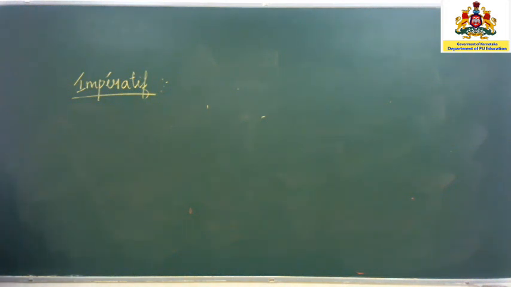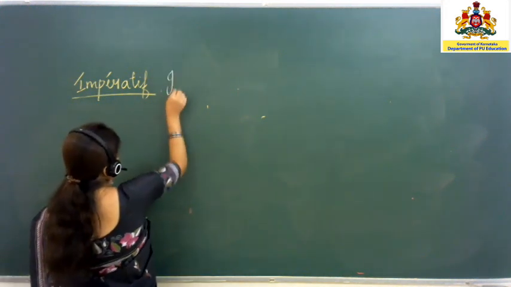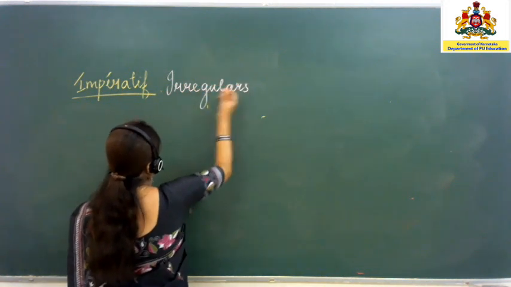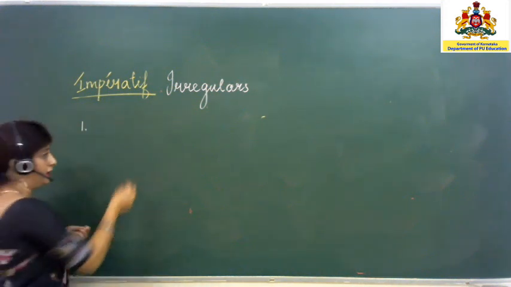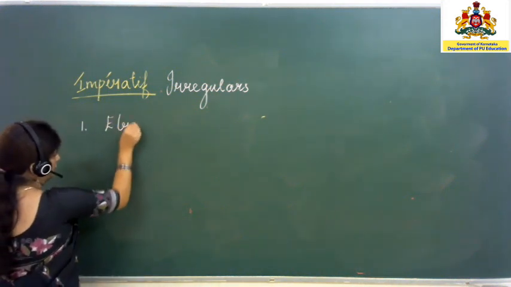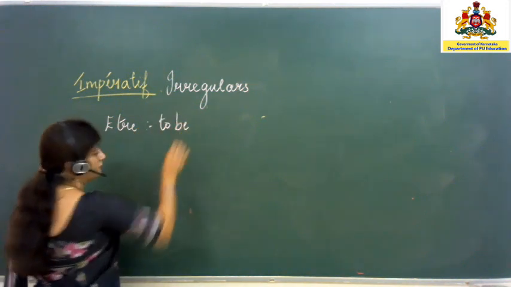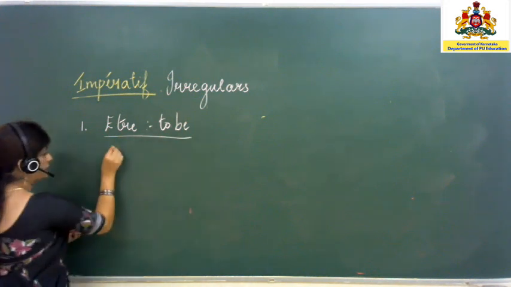Imperative irregulars. Okay. So the first irregular under imperative is être. Être means to be. And what is the imperative of être?